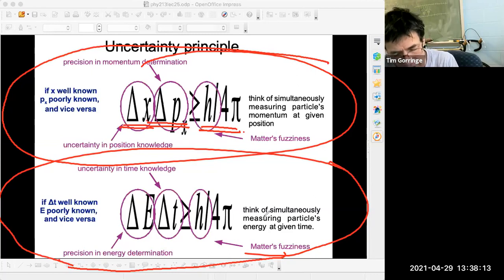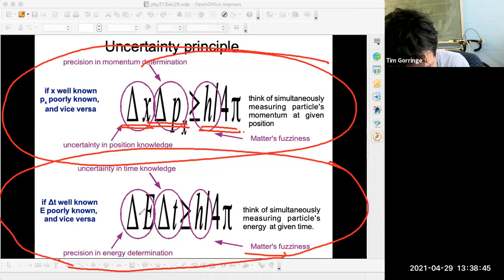That you cannot simultaneously measure a particle's energy and know the time that you've measured that energy at. So if you know the time really, really well that you measured the energy, you'll determine the energy poorly. If you know the energy really, really well, you know the time that you determine the energy at poorly. So this is another uncertainty.